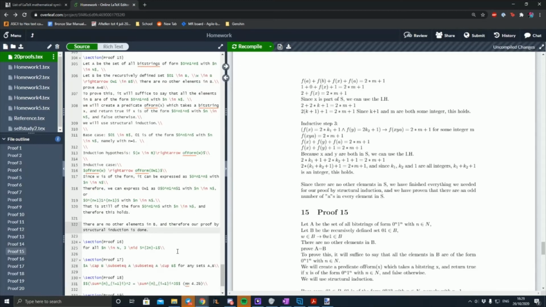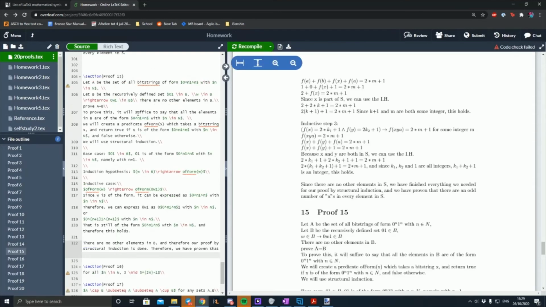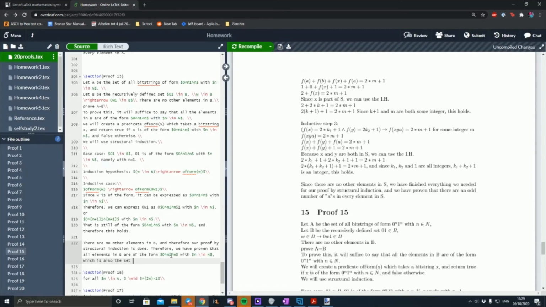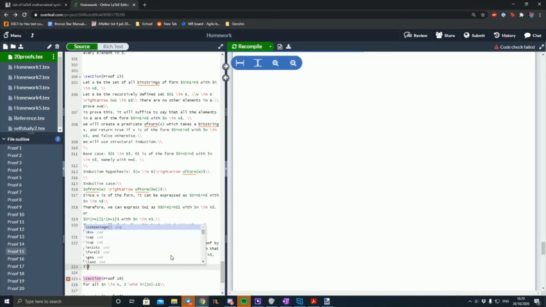Structural induction is done. Therefore, we have proven that all elements in B are of the form, which is also the set A, therefore A equals B. Box.